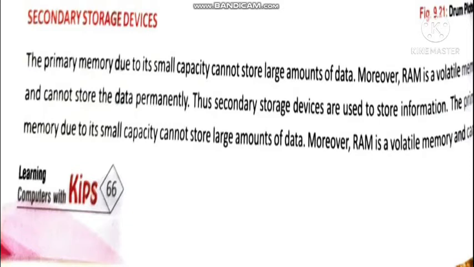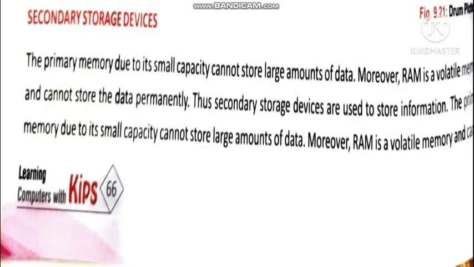No doubt, your CPU reads the data from secondary storage devices at a slower speed in comparison to primary memory. But here, you store your data permanently. You can increase its size. You can have a big amount of memory for storing large amounts of data, and at the same time, it can store your data permanently since it is not volatile by nature.